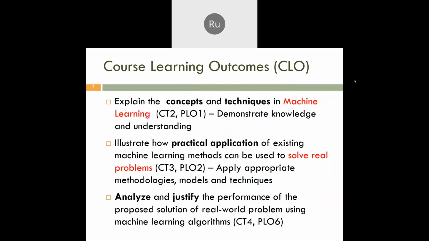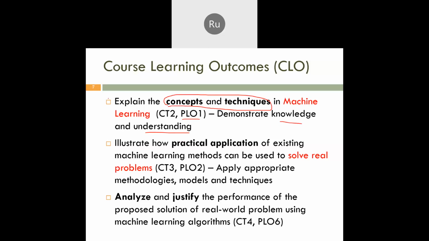Okay. So for this course, the course learning outcome, we will look into the concept and technique. This is course learning outcome number one. We are looking at the ability to gain knowledge and understanding.